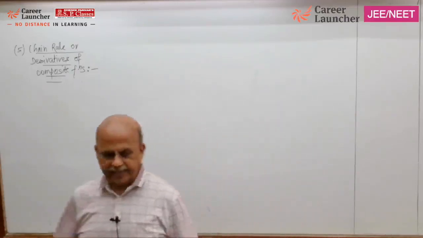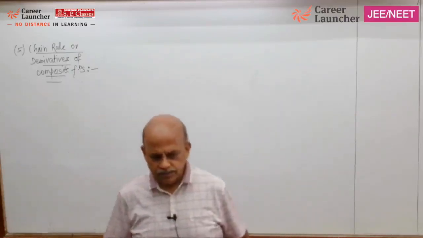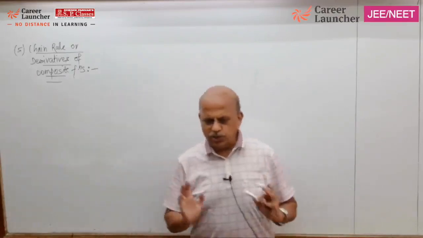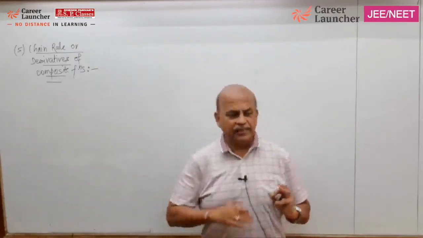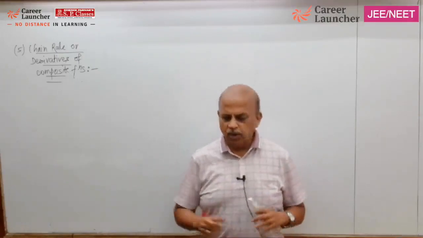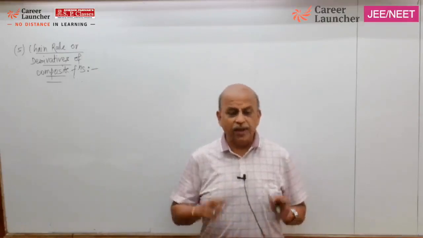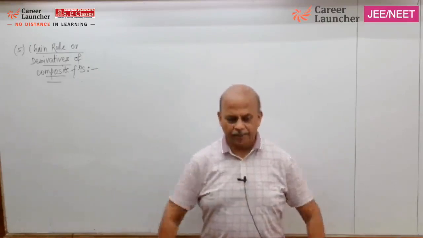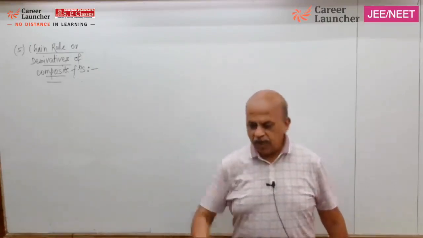Let us take down this chain rule first and then slowly explain. We are going to go very slowly over this chain rule and the related problems, because as I told you, this is going to be a very, very important rule for the entire Maths 2, you can say. Okay? Come on, start writing.